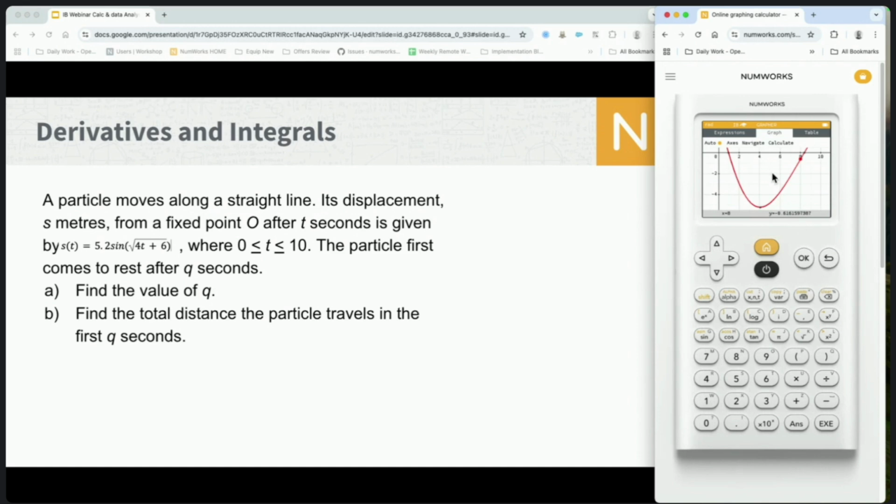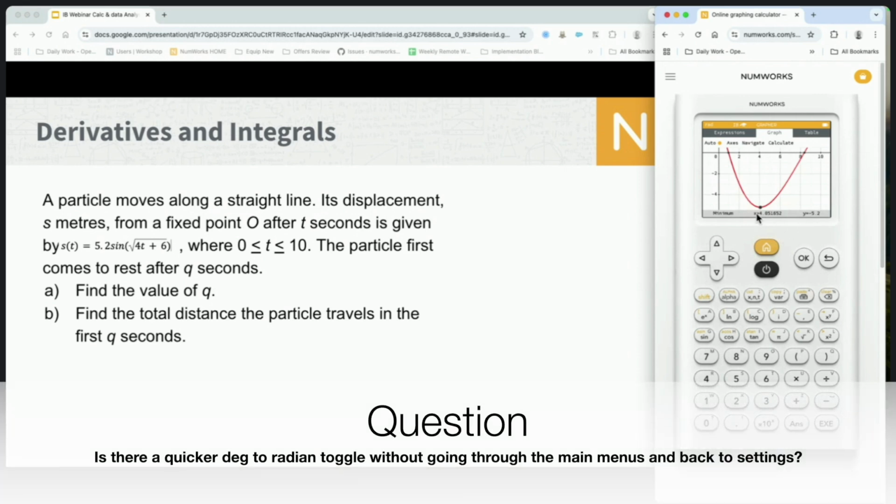So it changes my view just because it's capturing that minimum point, it's wide enough to capture the x-intercepts. And so when I'm finding the value of q, that's where my derivative is going to be equal to 0, or down here at this minimum point. So after 4.05 seconds, it comes to rest. And then the total distance the particle traveled, and I was given some really good advice about this.